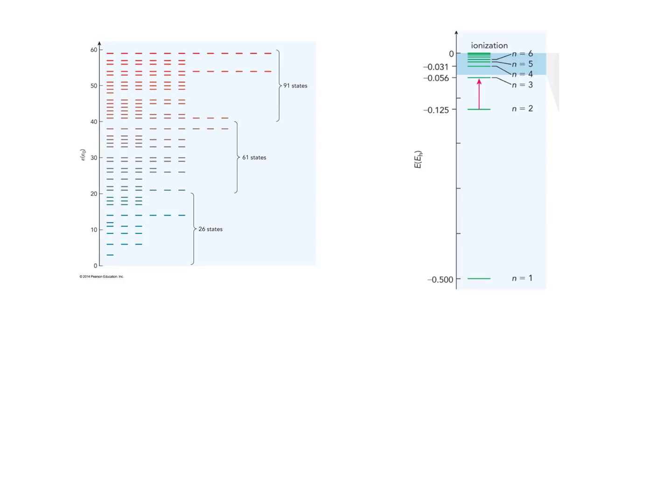To better understand what that means, let's look at two energy systems that we're familiar with. First, the particle in a box, and second, the hydrogen atom electronic states.